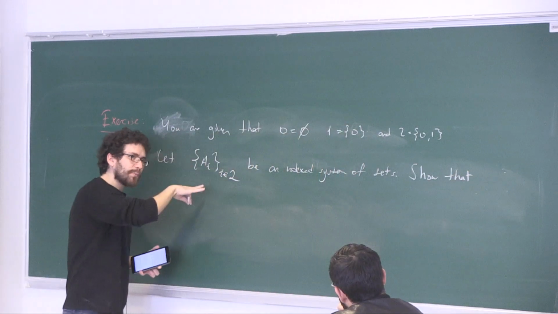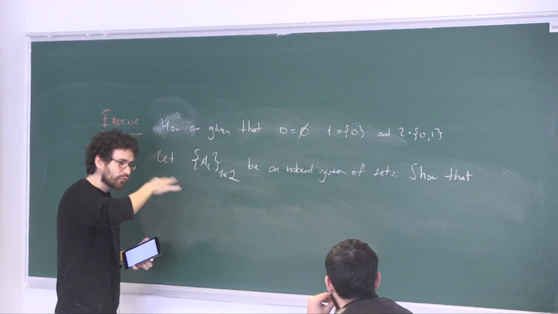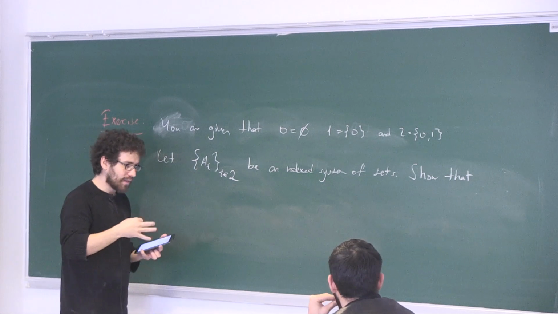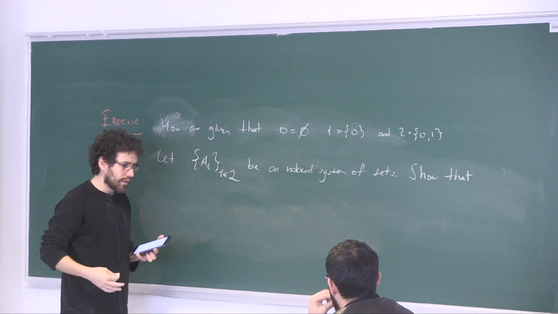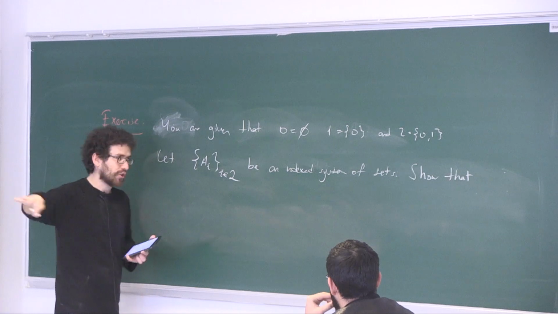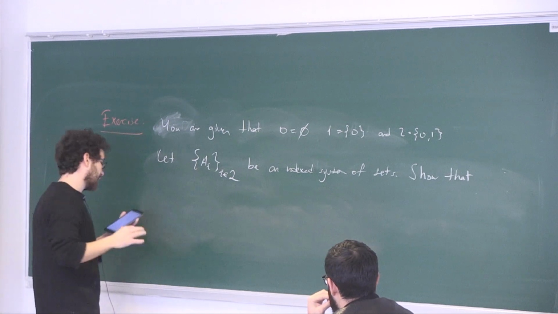again, there's nothing conceptually difficult about this, but when you try to write it down, it's gonna push you if you didn't understand all these definitions, if you don't know how to properly manipulate the definitions.